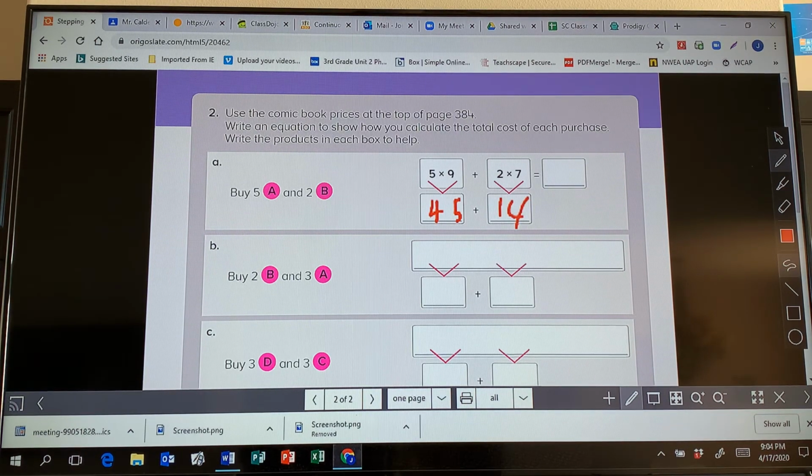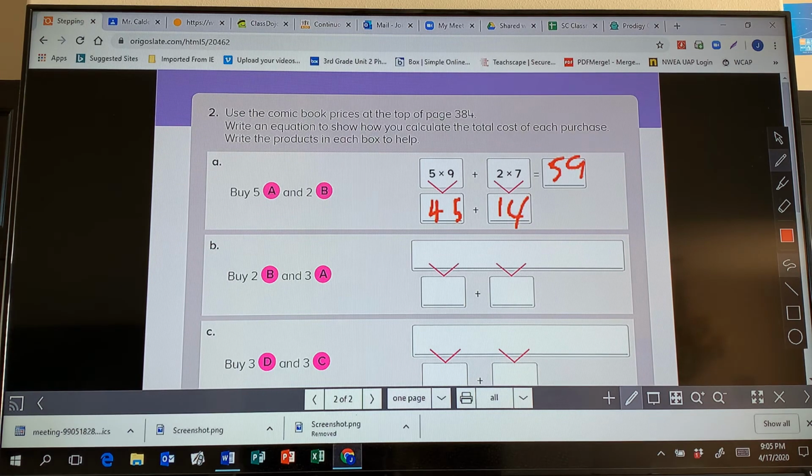So when we add those together, we end up with 45 plus 14, which gives us the grand total of 59. You can see we have multiple operations in this particular equation. We have a multiplication problem plus a multiplication problem equals a final sum. When we break those multiplication problems into two products, we can add those products together to get the final sum.